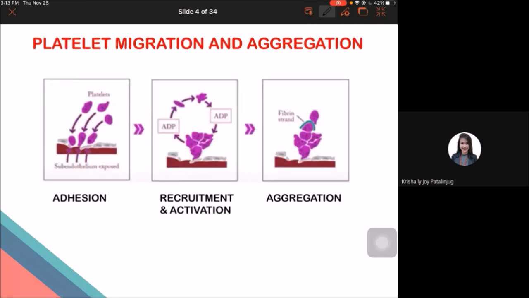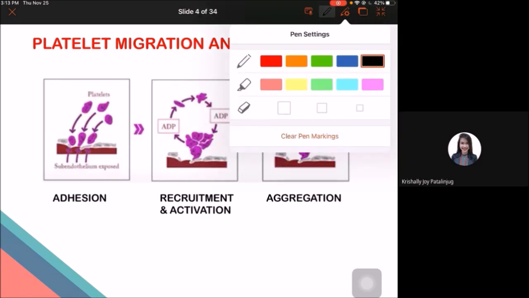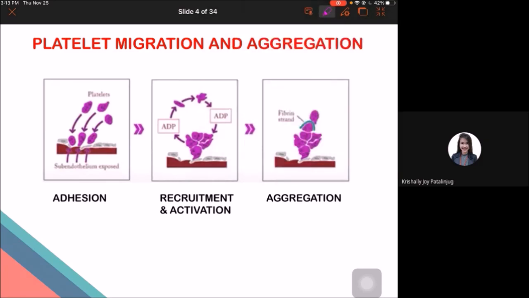So let's start everybody sa platelet migration and aggregation. Now ang key concept sa platelet migration and aggregation is that the ones that act during this event are the platelets.